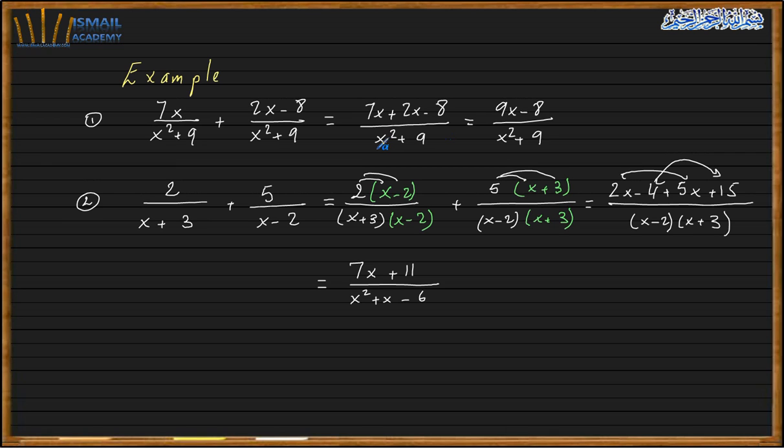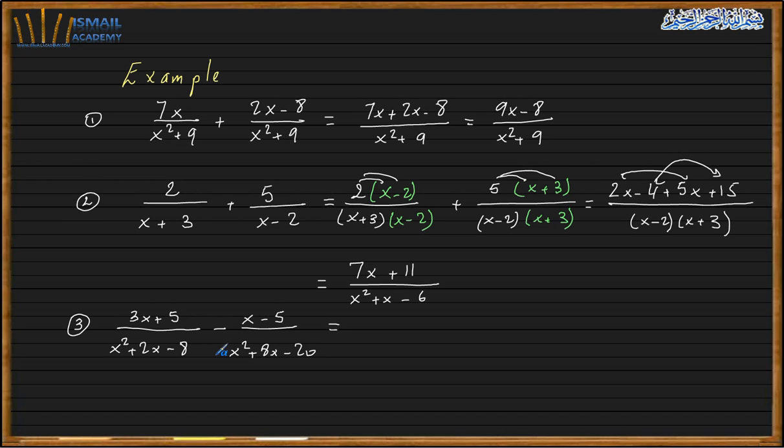Subtraction. For example, let's take an example in terms of subtraction: subtract 3x plus 5 over x squared plus 2x minus 8 minus x minus 5 over x squared plus 8x minus 20.